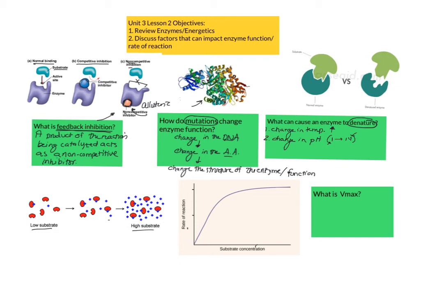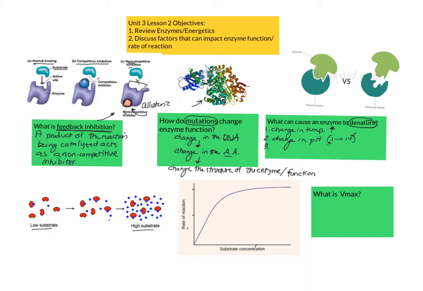Now, most enzymes in our body, our body holds a pH of around 6 to 8, with some exceptions depending on the part of the body we're talking about. And so if you go significantly above or beneath that, in a similar way to what temperature does, it can disrupt the interactions within the protein and cause it to denature. So we'd say a change in pH can cause an enzyme to denature.